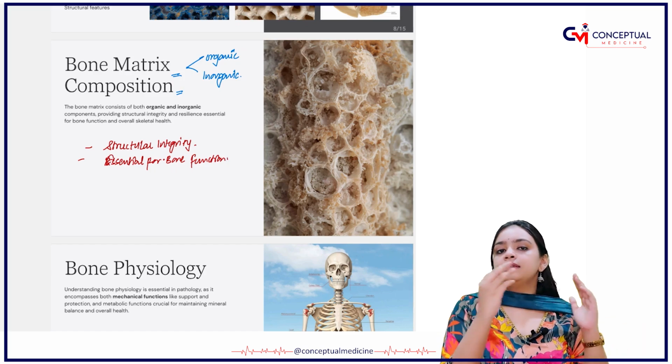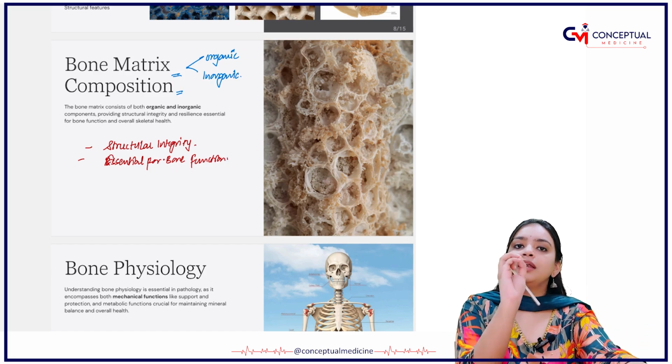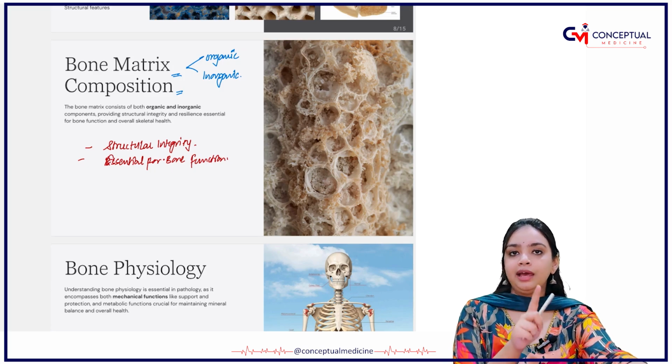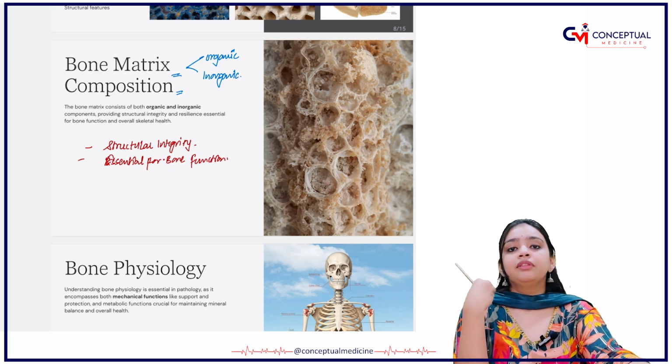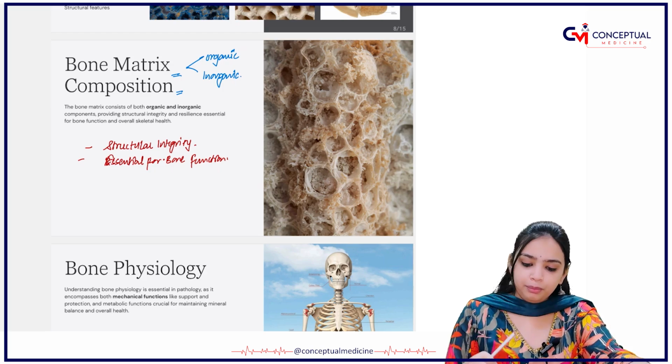So these are the two things which you need to know in the bone matrix composition, that there are two types only, organic and inorganic. They are responsible for the structural integrity and maintaining the bone function.